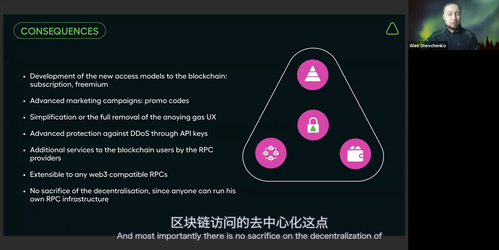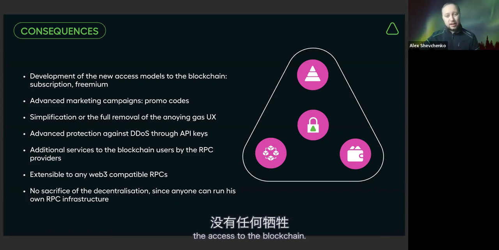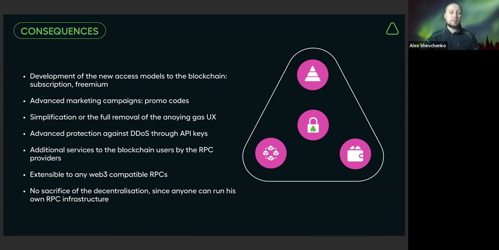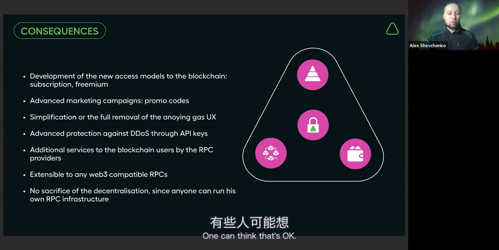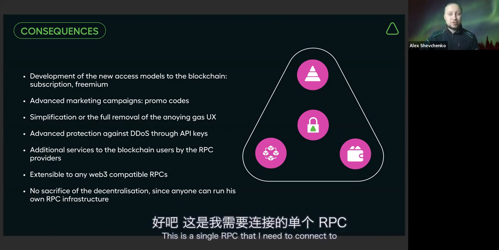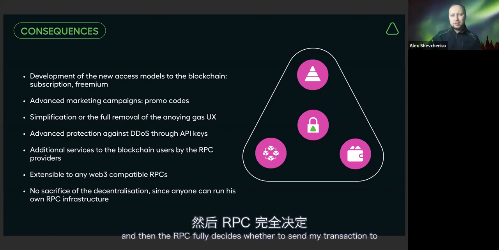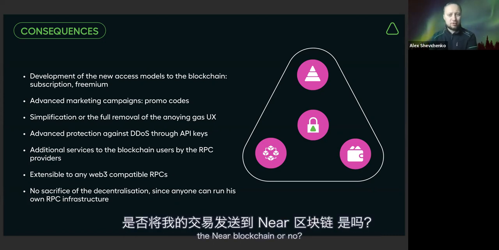And most importantly, there is no sacrifice on the decentralization of the access to the blockchain. One can think that this is a single RPC that I need to connect to, and then the RPC fully decides whether to send my transaction to the Near blockchain or not.